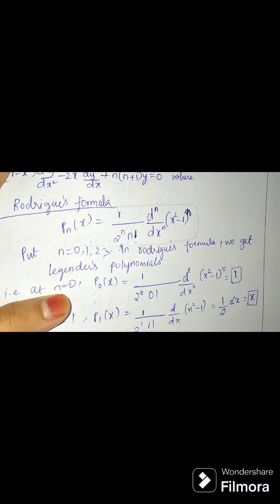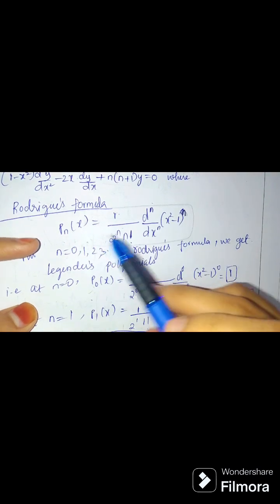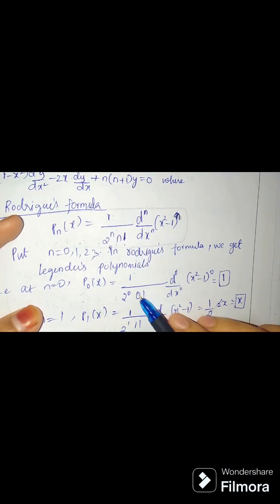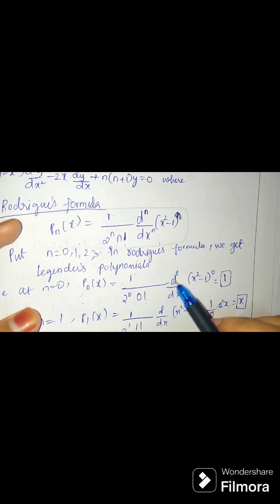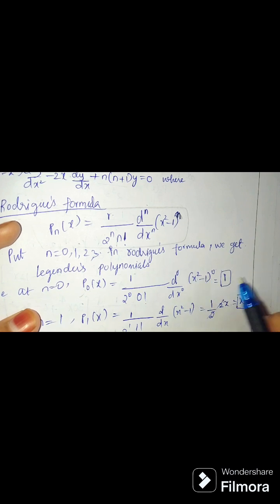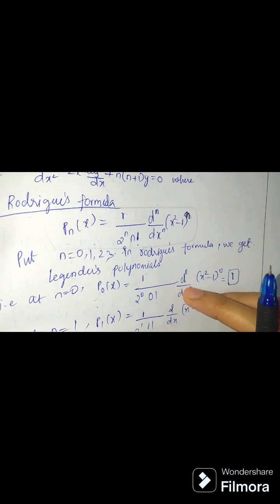Okay, so if I put n is equal to 0, so I'll get like this. So 2 power 0 is 1, 0 factorial is 1. So x square minus 1 whole power 0 is 1. Here actually derivative is only absent, power 0, no. So we are not doing any derivation.